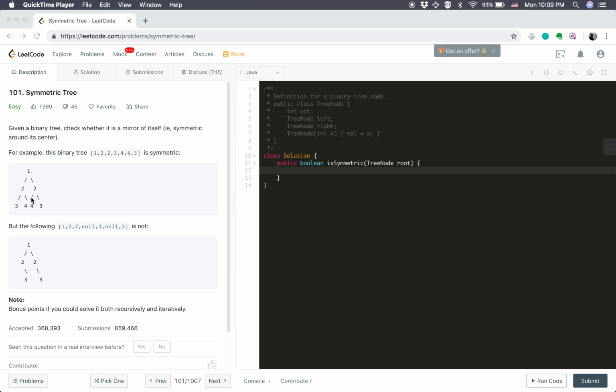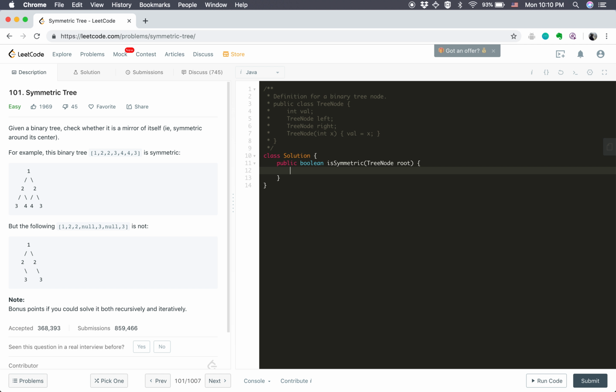We try to decide if these two trees are mirrors of each other, which is to say the left subtree of the first tree covers the right subtree of the second tree, and the right subtree of the first tree covers the left subtree of the second tree. So without further ado, let's try to write some code.